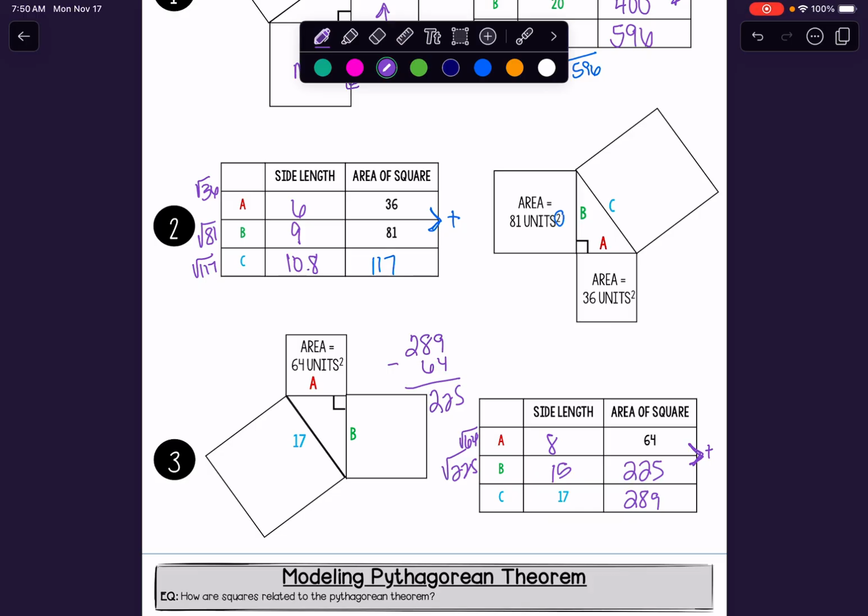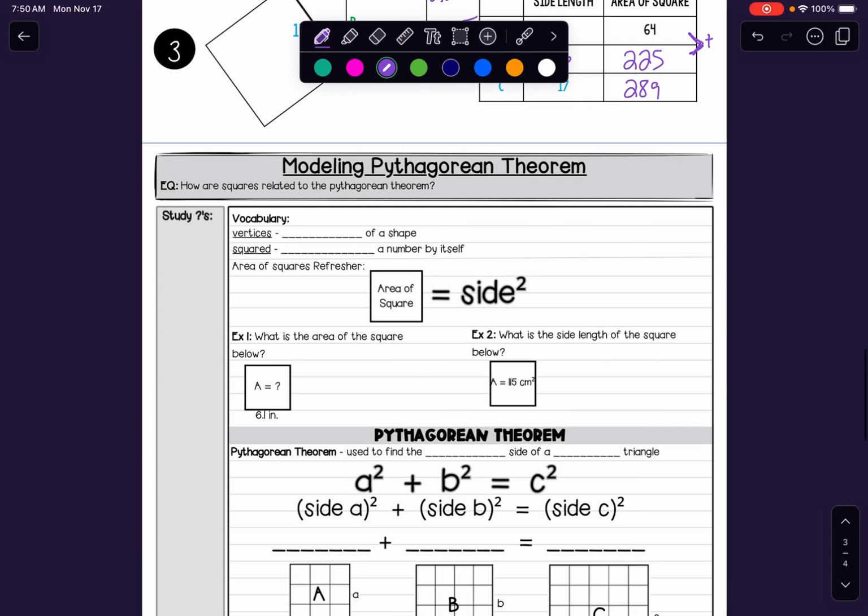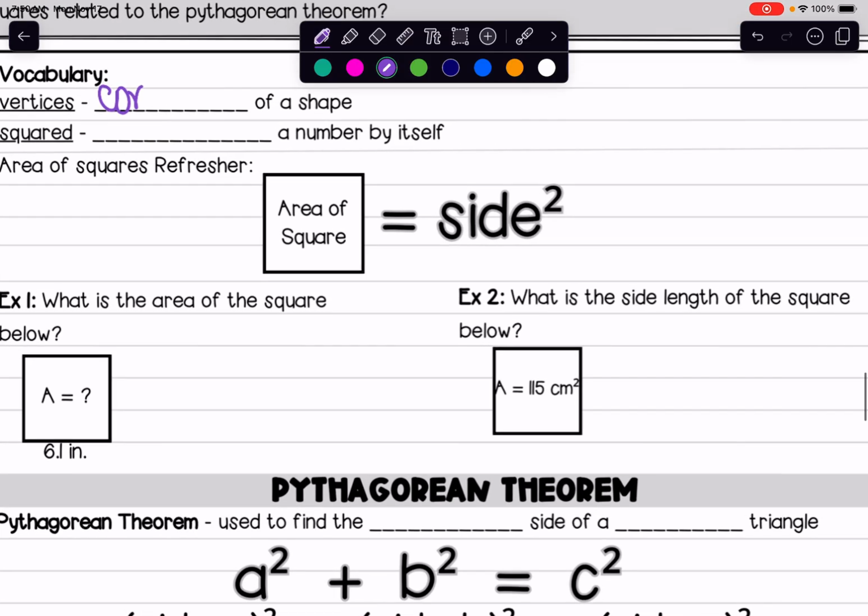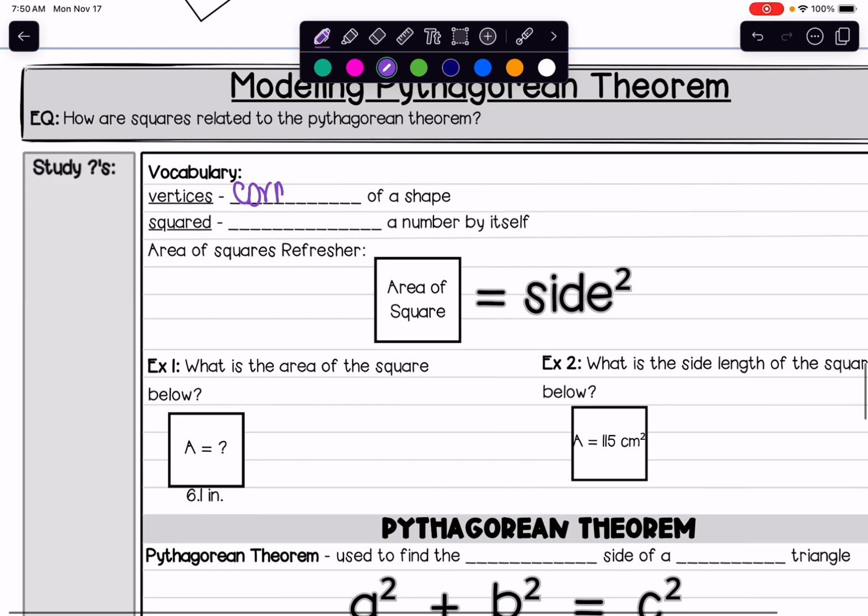So just to go back over some important vocabulary, our vertices are our corners. Let's zoom in a little bit here. Corners of a shape. Squared means we multiplied a number by itself. And just a refresher again of what we've been doing, the area of the square, we found that by doing side squared.